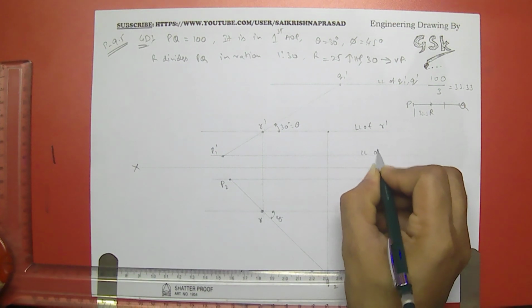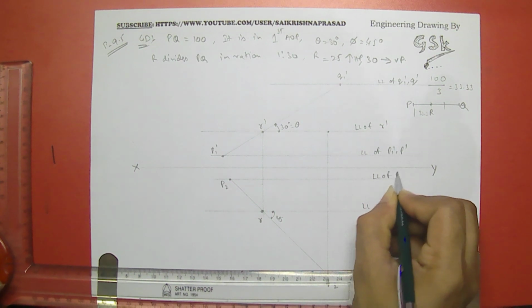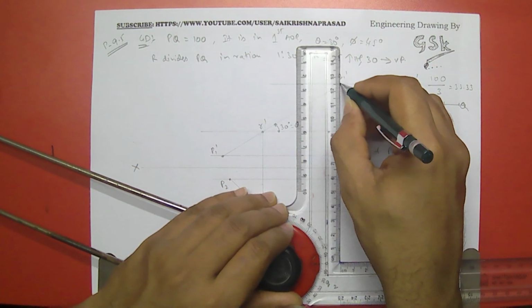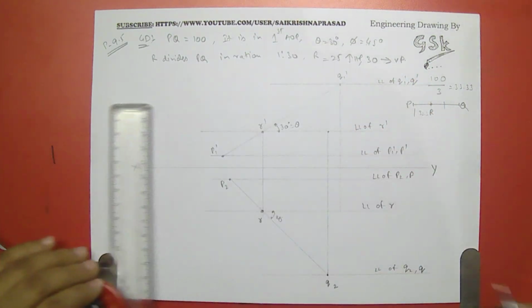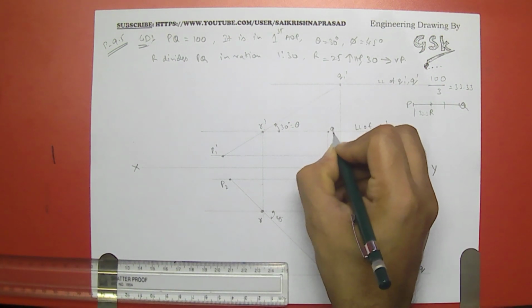This is LL of P1 dash and P dash, and this is LL of P2 and P. Right, now I have to draw opposite from here also. Right, so this would become Q1 and this would become Q2.